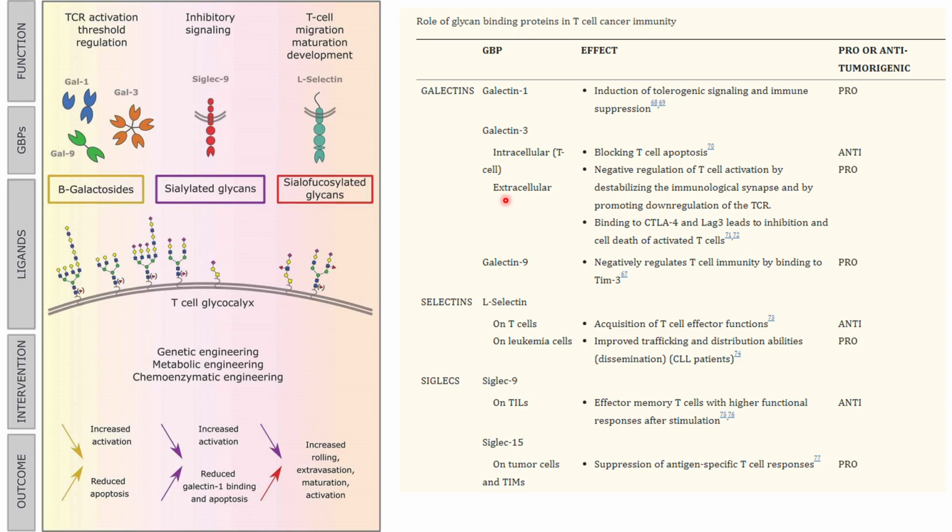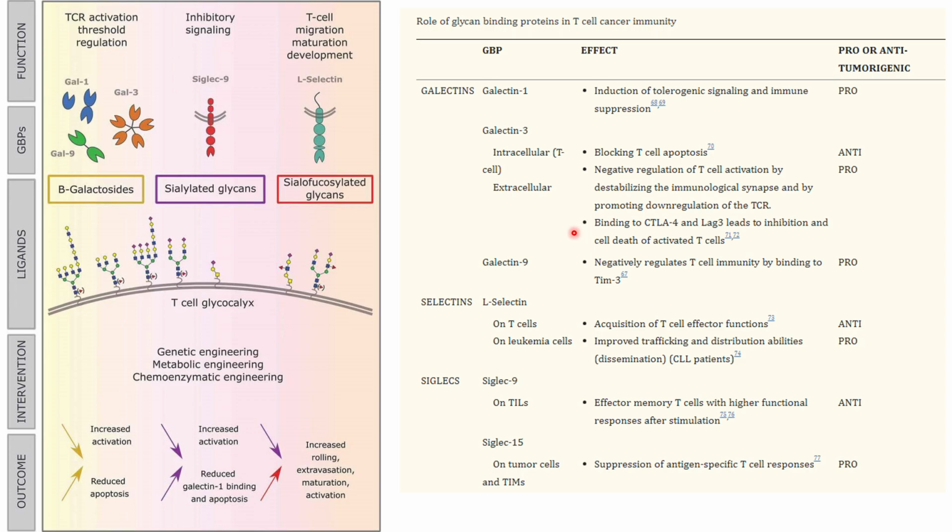And extracellular galectin 3 also has some pro-tumorigenic effect. That is, it will cause negative regulation of T cells by destabilizing immunogenicity or promoting downregulation of T cell receptors. Since the T cell receptors get downregulated, it will not be able to perform its function regularly.